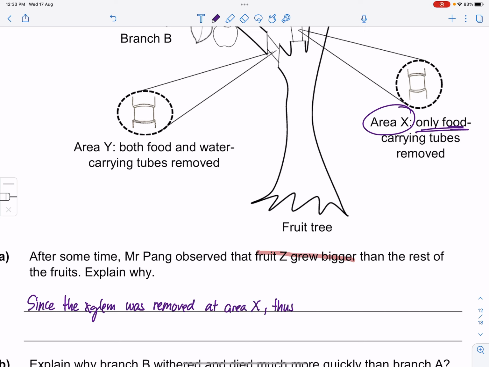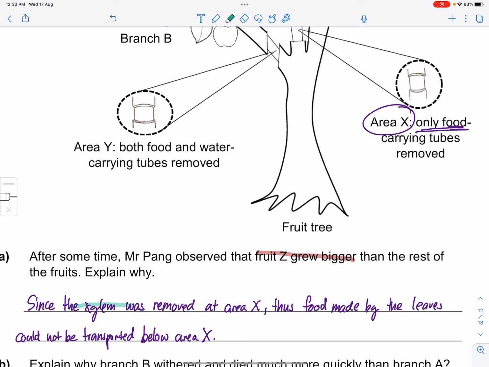Thus, food made by the leaves could not be transported downwards, or below area X. This is the second key requirement.